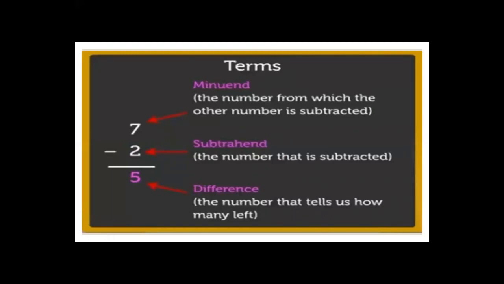You must know the terms for these numbers, so we must know about the terms minuend, subtrahend, and difference. What is difference? What is subtrahend? What is minuend? I hope you all know about it.